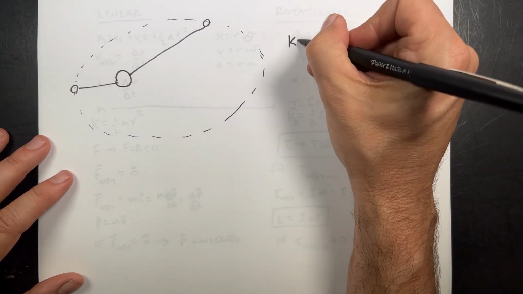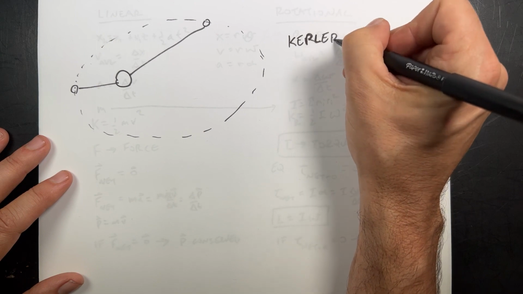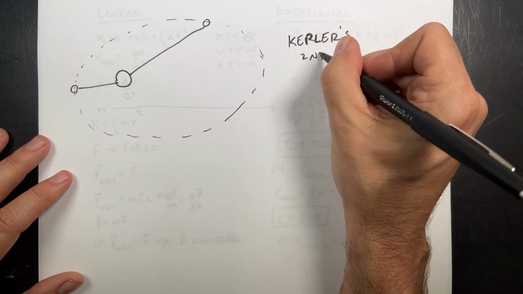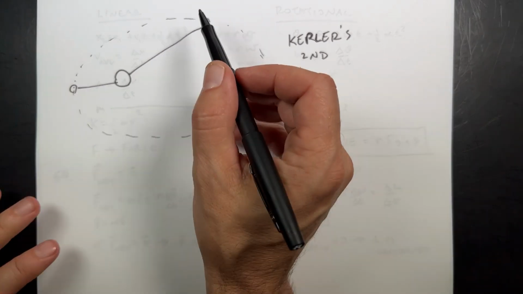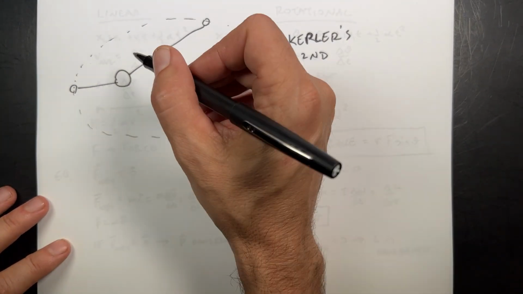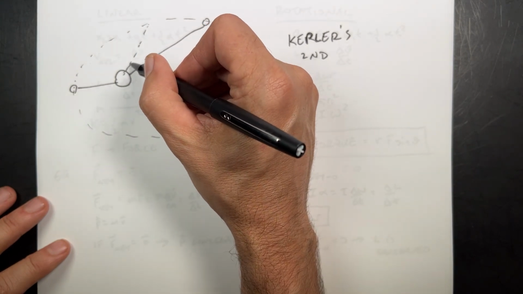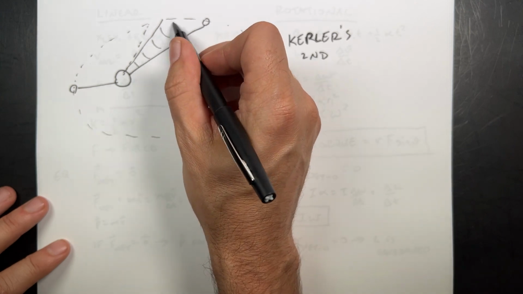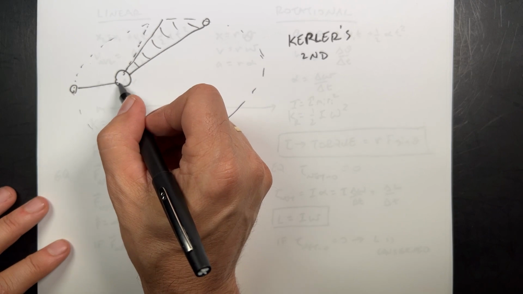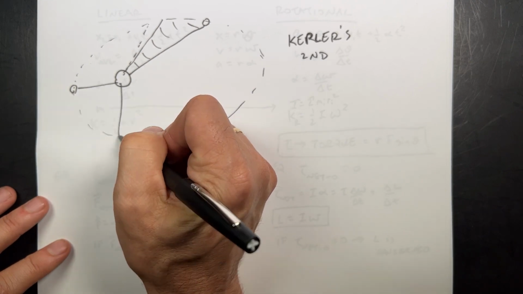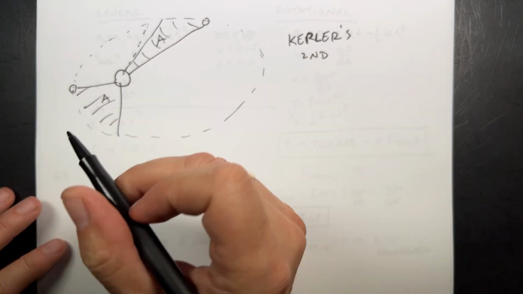We have this thing called Kepler's laws. That's actually Kepler's second law. Kepler's second law says that as an object moves around the sun, if you pick some time interval and calculate this area, and then you come over here and look at this object during the same time interval, it's going to go further, but this area and this area are the same.